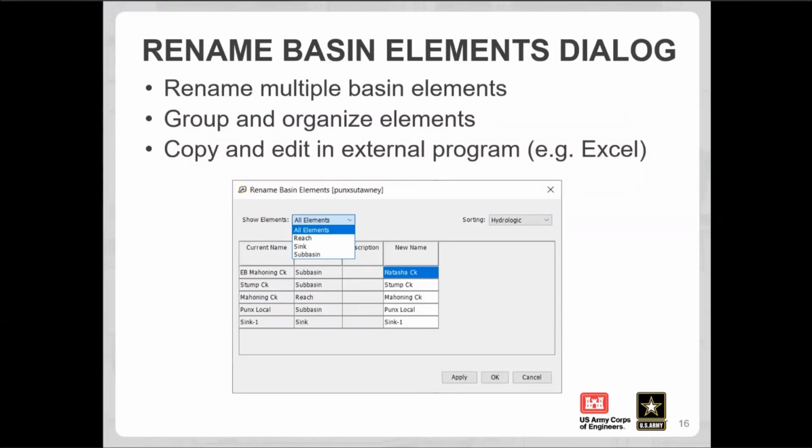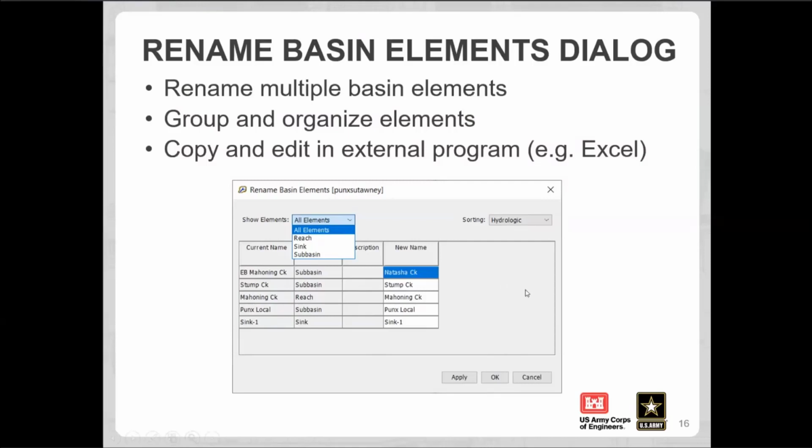Now another new feature, and this is like my first dab into HMS. This one is also making modeler's life a little easier by letting us rename multiple basin elements in a single place instead of right-clicking on them in the basin tree the way we did before.